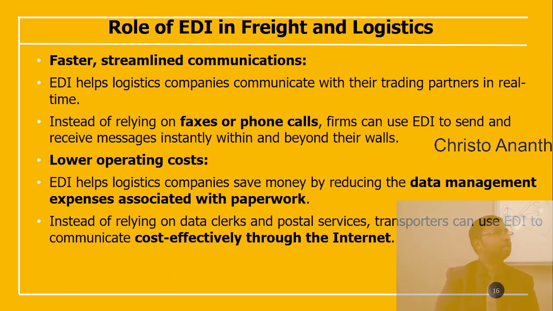With faster streamlined communications, EDI communicates efficiently with trading partners in real time. Instead of relying on old traditional technology like faxes or phone calls, firms can use EDI to send and receive messages instantly.